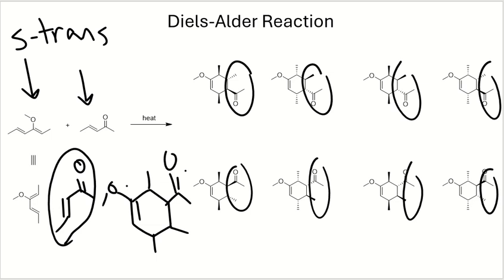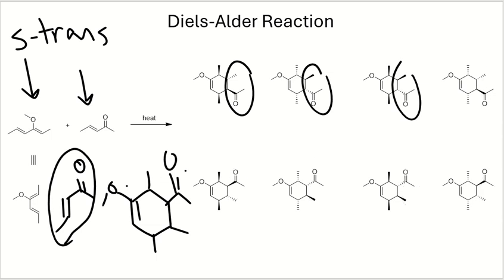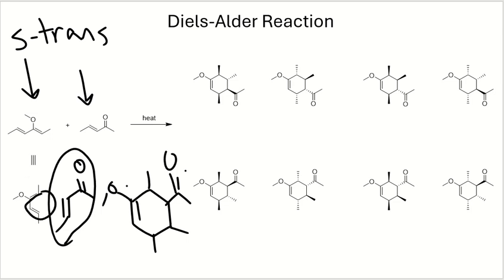The other thing you want to notice is what I like to refer to as the outside and inside of the diene. If we look at the diene and we complete this circle, notice these methyl groups on the end. They are sitting outside of that circle or outside of the diene, the concave portion of the diene. So they're going to be the same. They're going to both be wedges or they're both going to be dashes in every scenario.